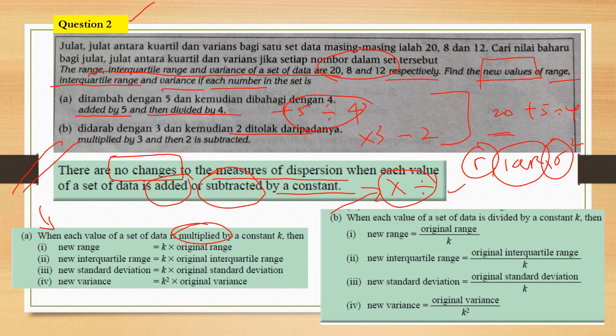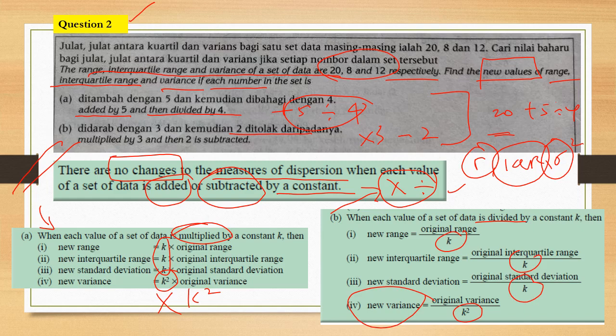For the multiplication, you just times with the constant. But remember, for variance, you have to times with k square. And then for the division, you just divide. And again remember, for variance you have to square your constant.